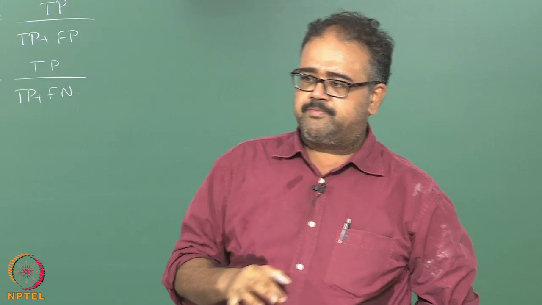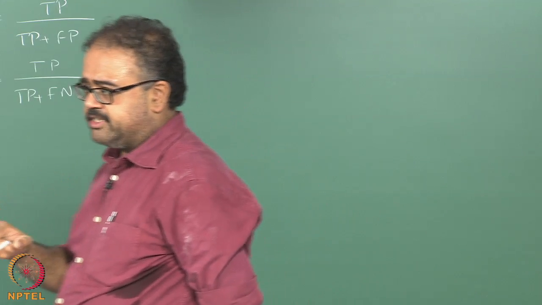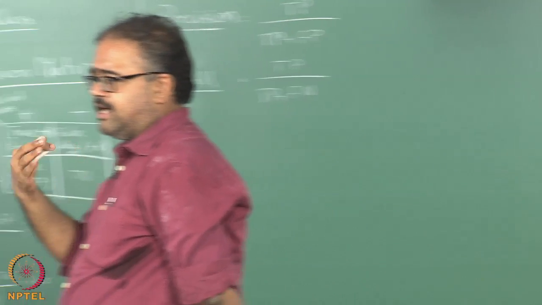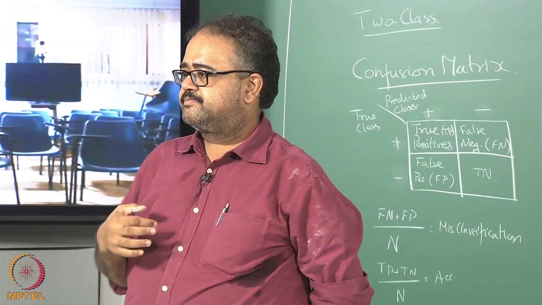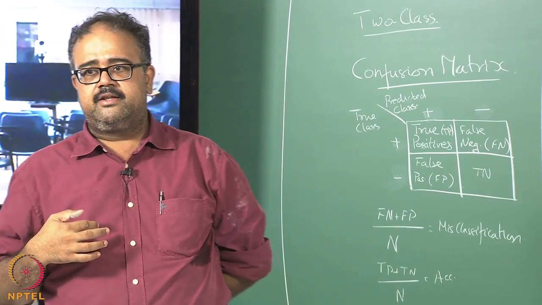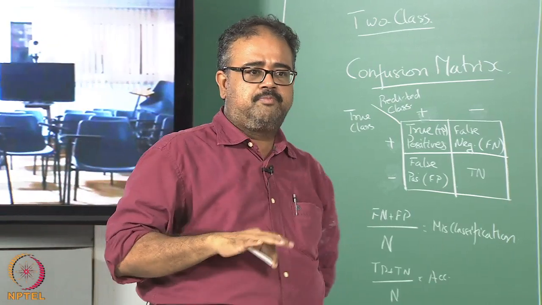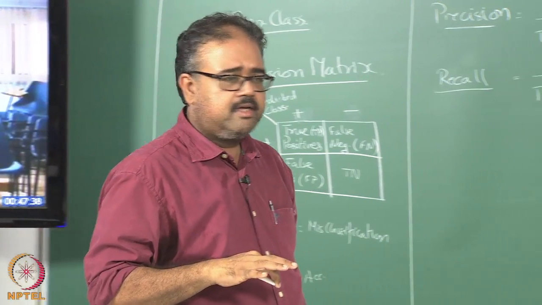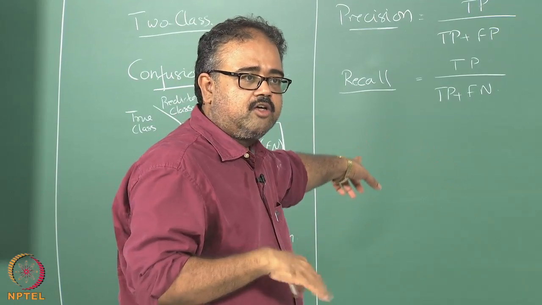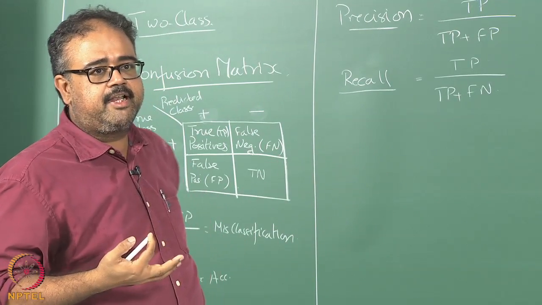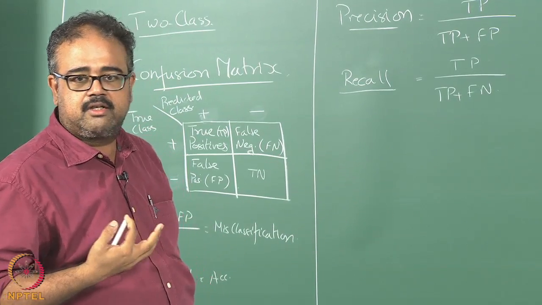Of these positive points, what fraction is the classifier telling you are positive? You get that? All the positive points in the data, which is true positive plus false negative, right. So what fraction of it is the classifier telling you are positive? So that is recall, right.